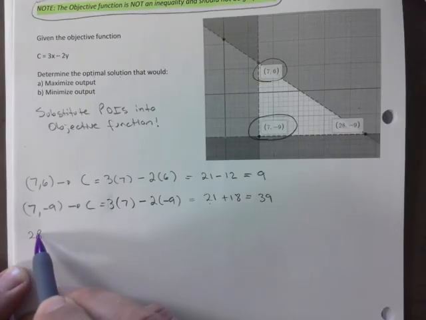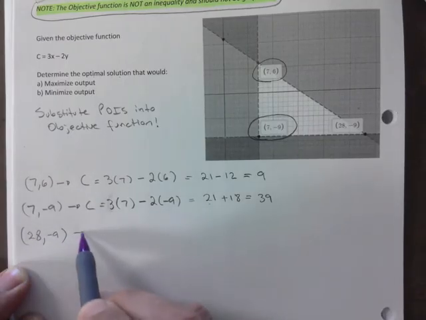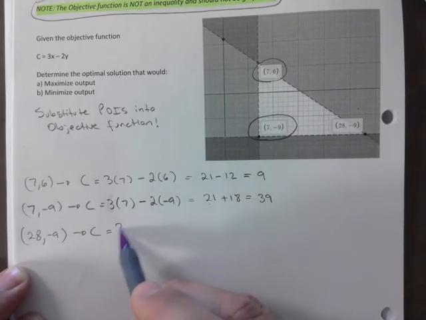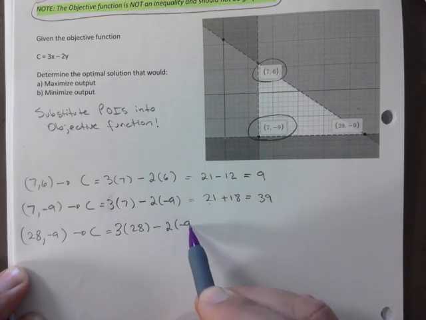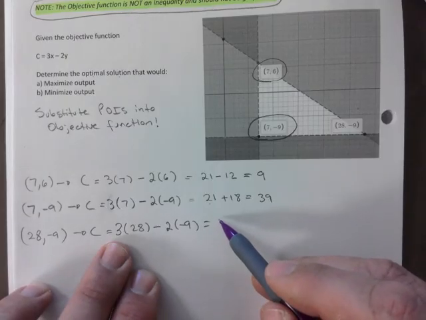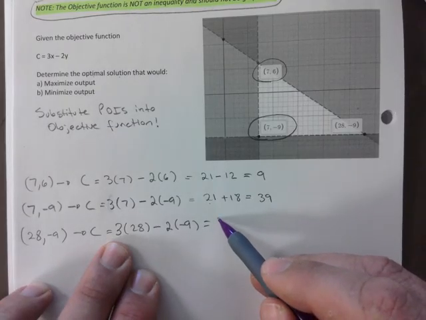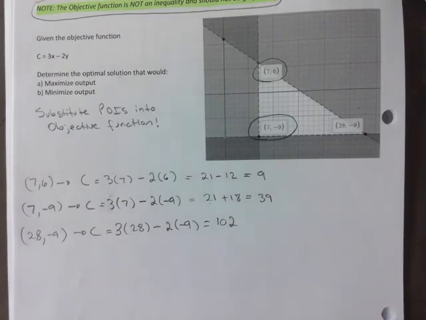Next is 28, negative 9. You plug that into C. It's 3 times 28 minus 2 times negative 9 again. So that gives you a total of 102, like that.